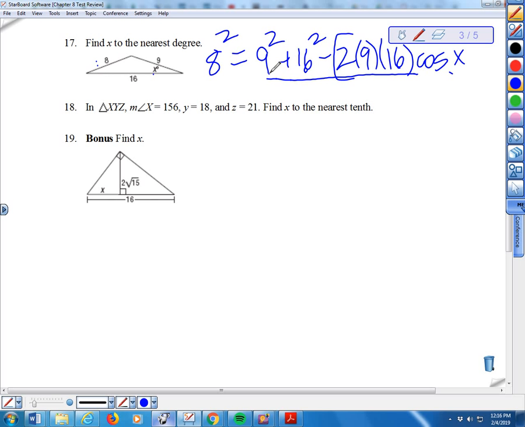Okay, so if you want to do it all in the calculator at one time, you can, but you just have to remember the order. So I'm going to take 64, I'm going to subtract 81, subtract 16 squared, and on the left I get negative 273 equals negative 2 times 9 times 16.